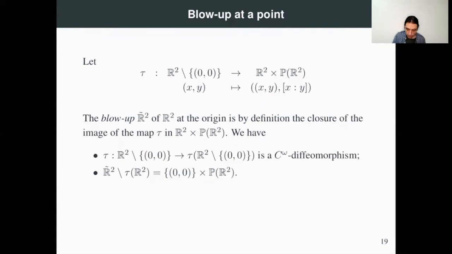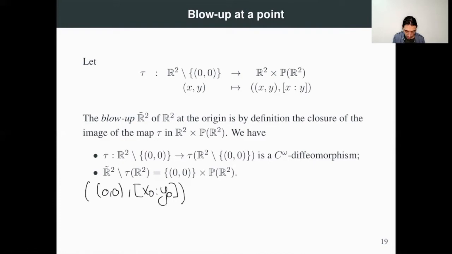Because if you consider a point of the form 0, 0, and here the class of x0, y0, this point is always going to be in the closure of the image, right?